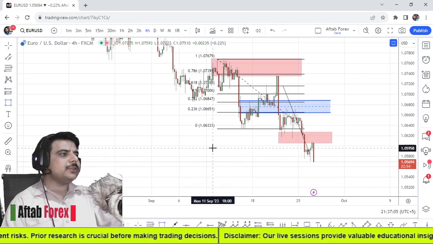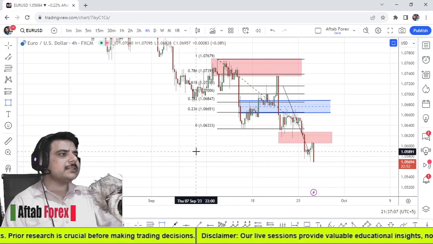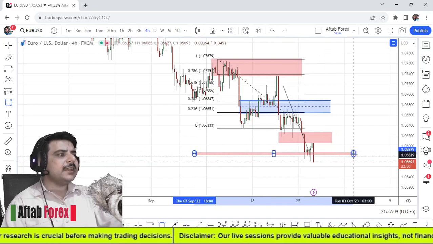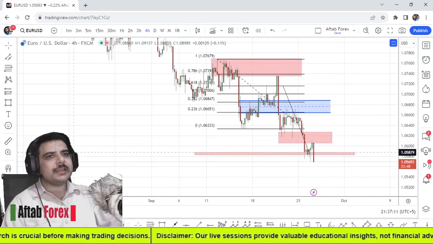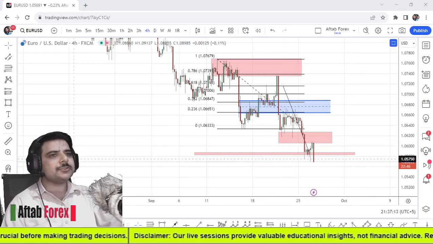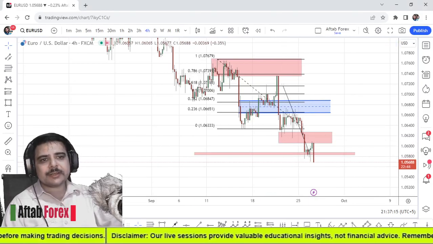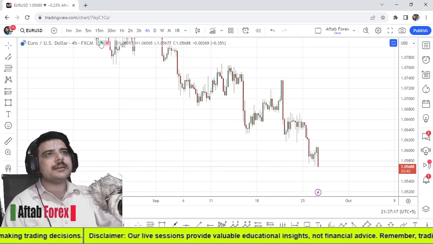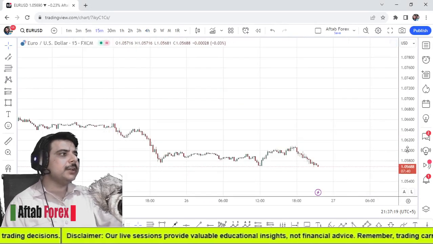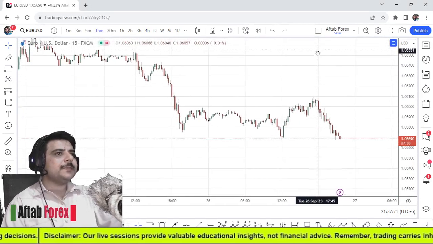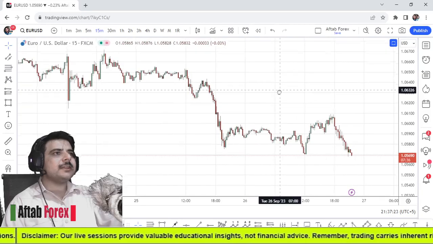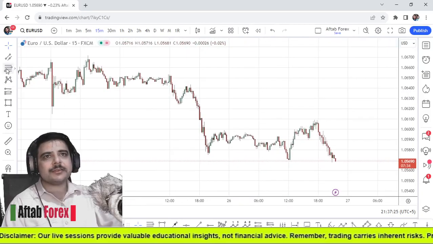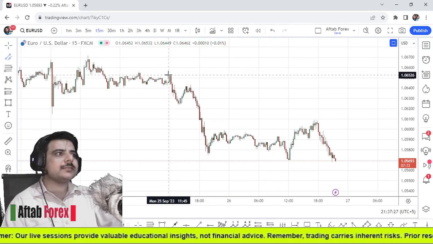So at the moment on the euro US dollar, it is clearly selling, and I think there might not be any good day trading opportunity right here, but for the intraday one, on the M15, there might be one trading opportunity. If we see, there is a very nice trend line coming down right here.